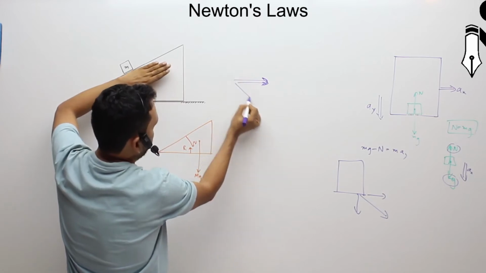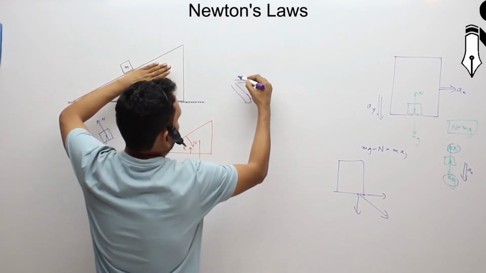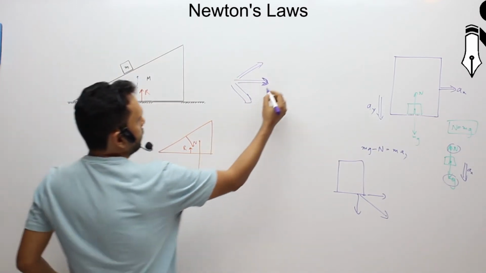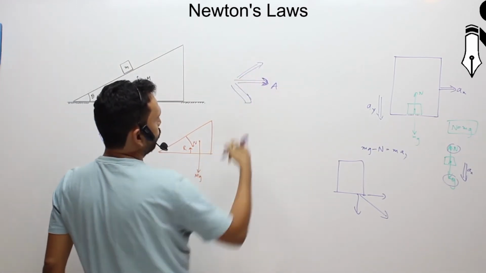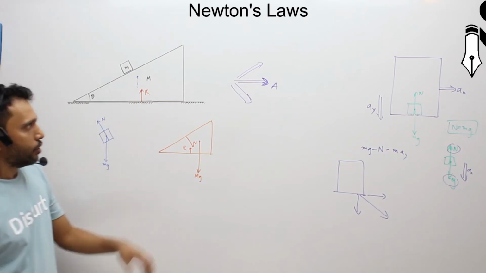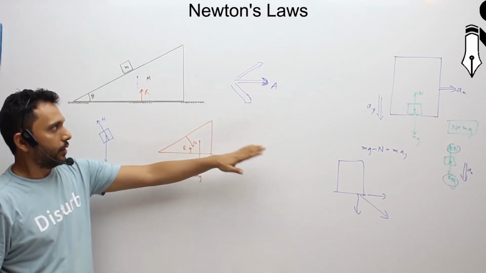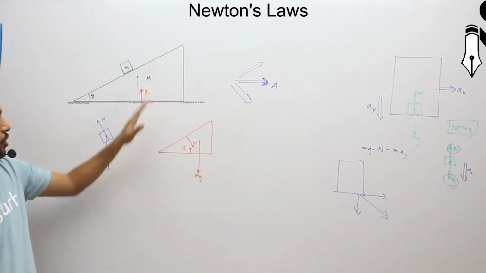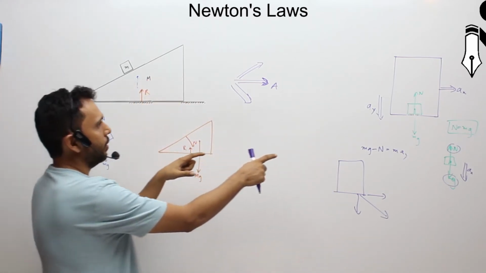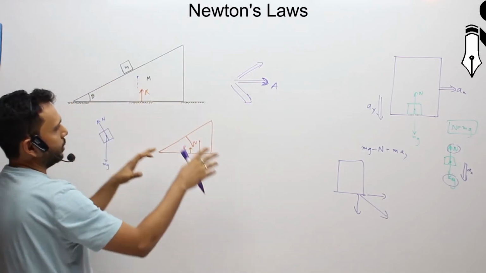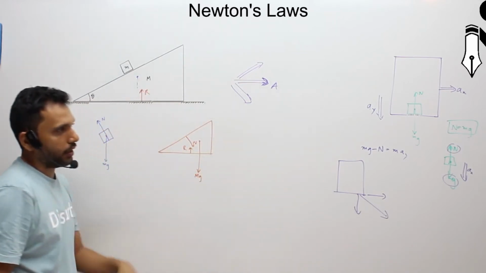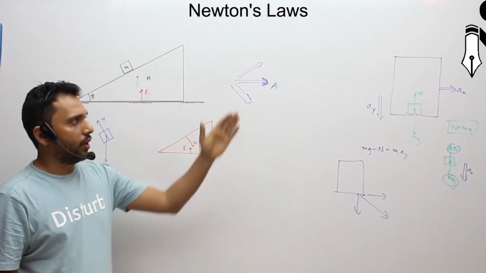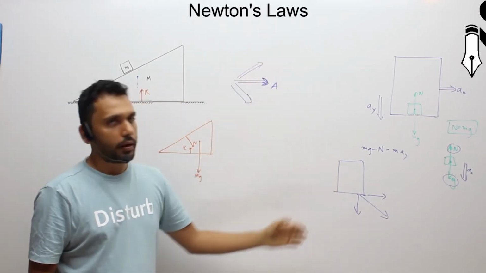It is trying to leave this way and it is going that way. So an acceleration of the wedge this way can be broken into two components like that. So that is the analogy over here. This lift I am comparing with the wedge, and we'll be talking about the normal reaction in the same fashion as we have talked over here. So you can just pause the video and think over this part again.